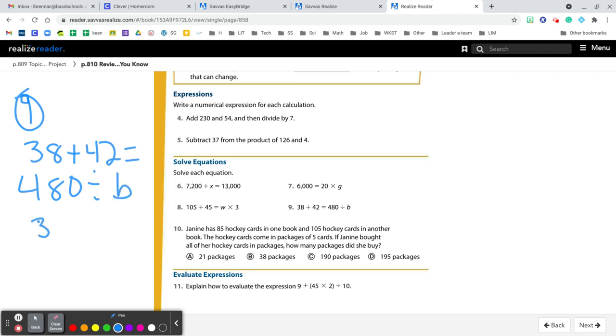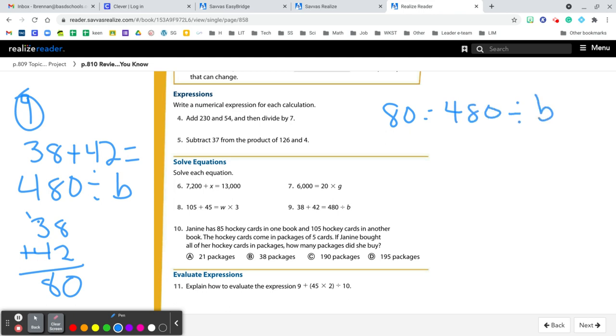So we say 38 plus 42, figure out what the value of one side of the equation is: 80. So now we have 80 equals 480 divided by what number?